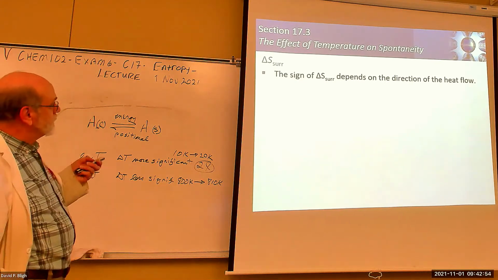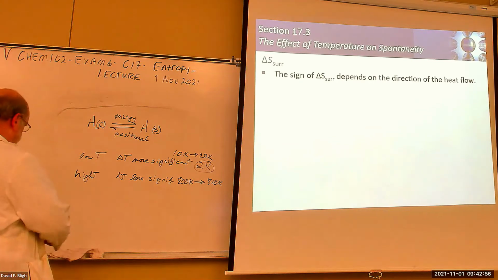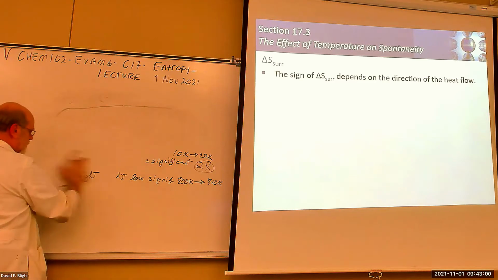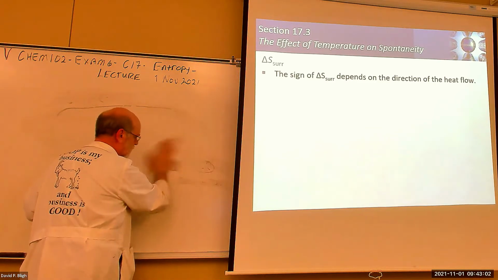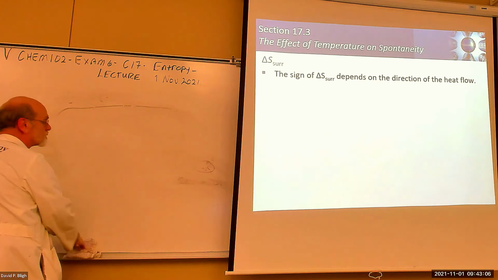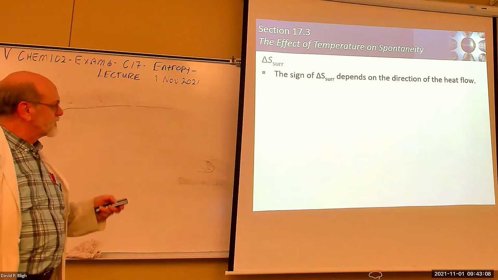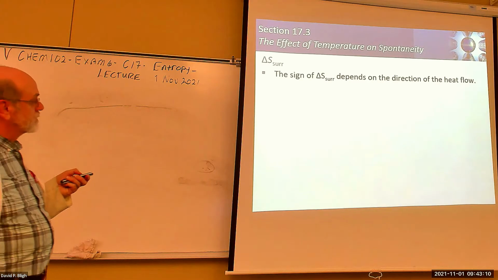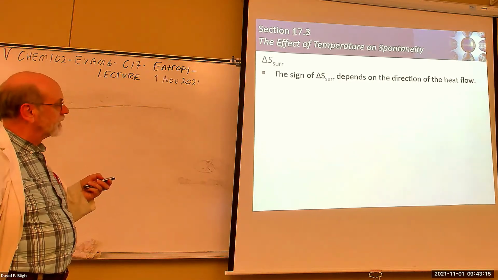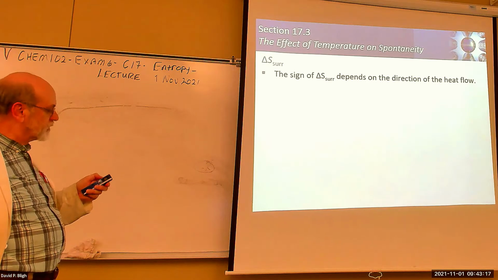So if we just focus on the entropy of the surroundings in our isolated system surroundings setup, the sign of the surroundings entropy depends on the direction of the heat flow.